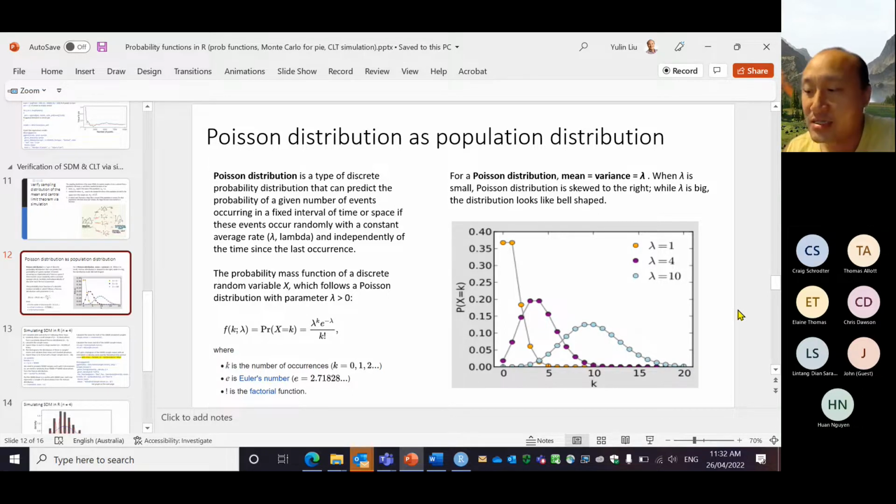So let's draw a large number of samples from this Poisson distribution, and in each sample, we calculate the sample mean. Then we observe the distribution of the sample means to see if it looks normal. We can do the experiment multiple times.